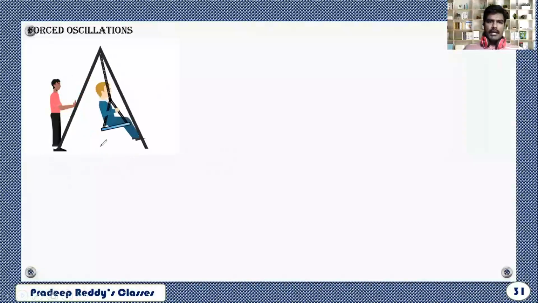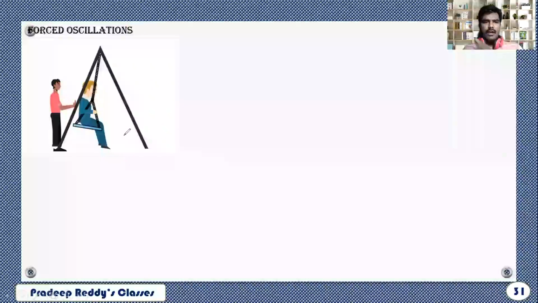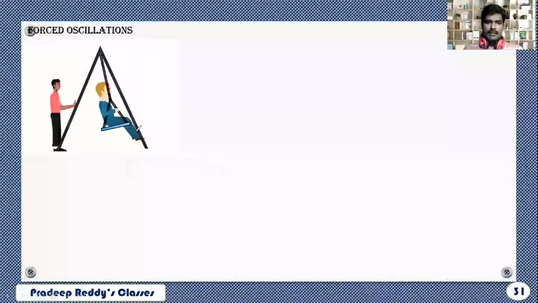Now, observe the animation playing on the screen: a person sitting on a swing is oscillating. If the person standing behind is not pushing, obviously after some time the swing will come to rest and the person sitting in the swing will remain stationary.